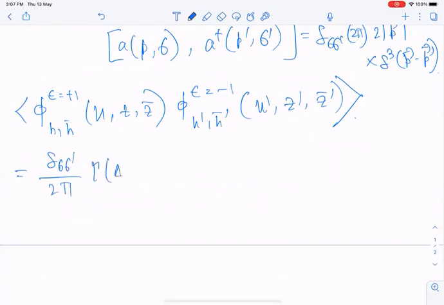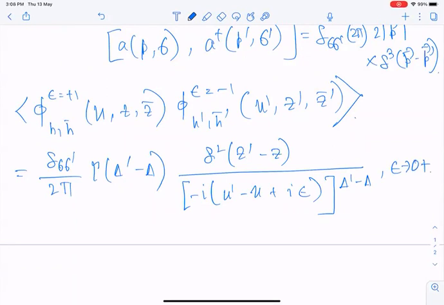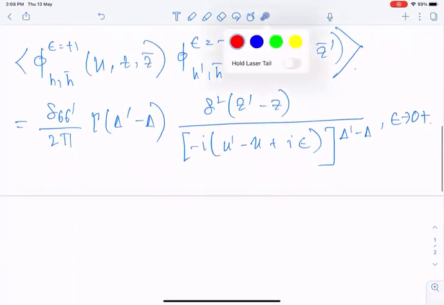So this is the gamma function. Okay, so this is the result of this computation.